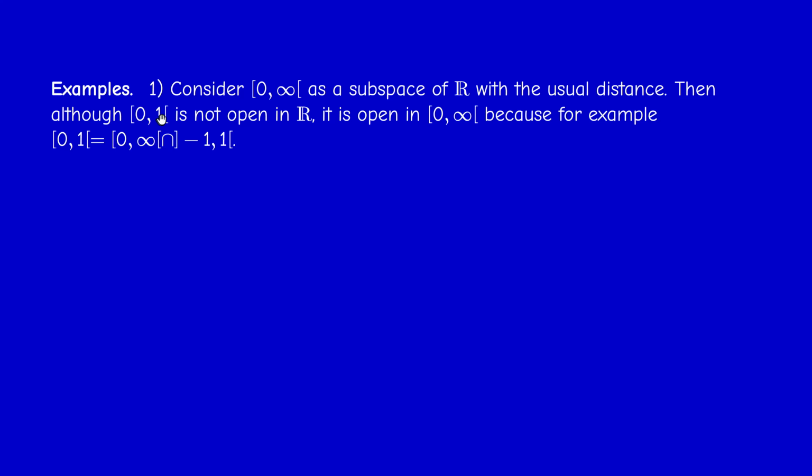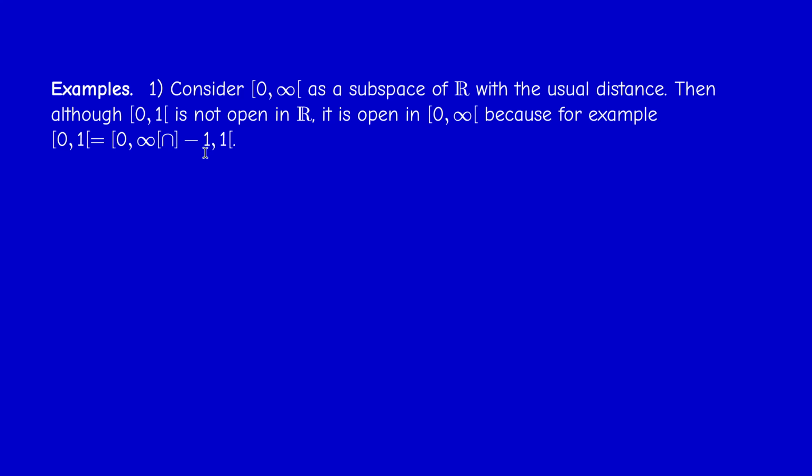Now, [0, 1) is not open in R, we know that. But it's open in the smaller space [0, infinity). Why? Because, for example, we can write that [0, 1) = A is equal to [0, infinity), which is Y, intersected with this open interval (-1, 1).